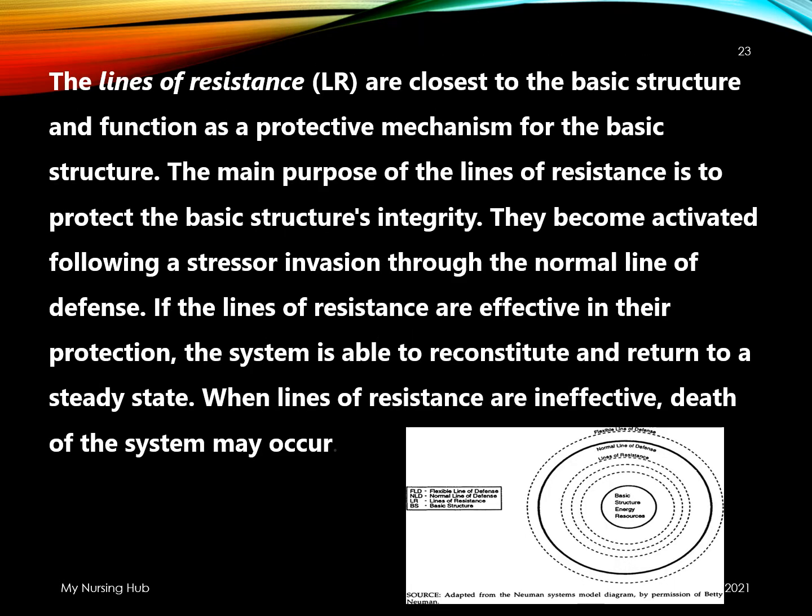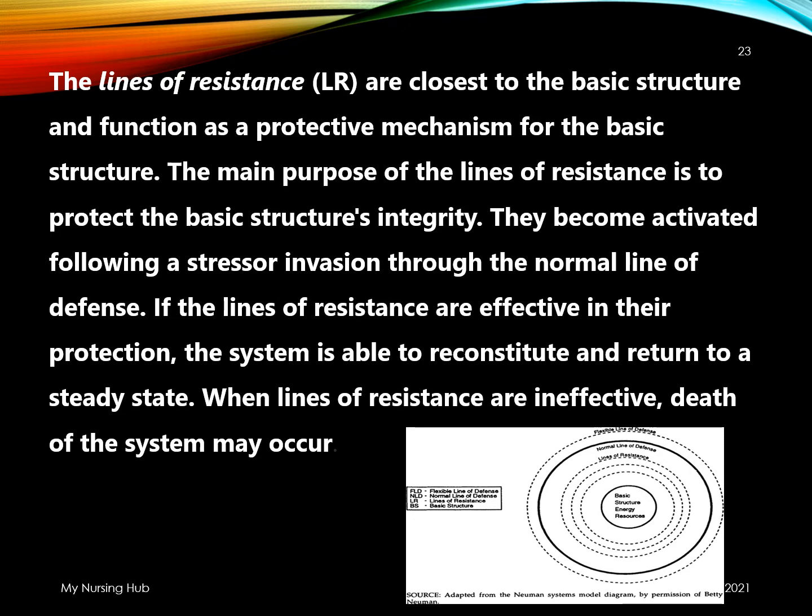The line of resistance is the closest to the basic structure. So the first is the flexible line, then the normal line, and the third one is the line of resistance, which is the closest to the basic structure, and it functions as a protective mechanism for the basic structure. The main purpose of the line of resistance is to protect the basic structure's integrity. They become activated following a stressor invasion through the normal line of defense.